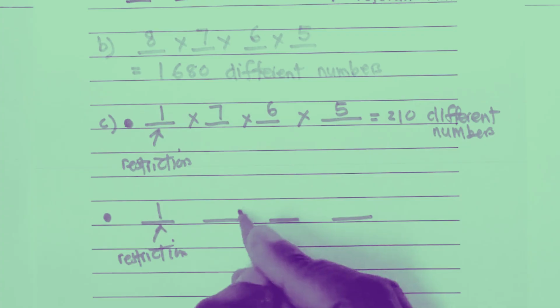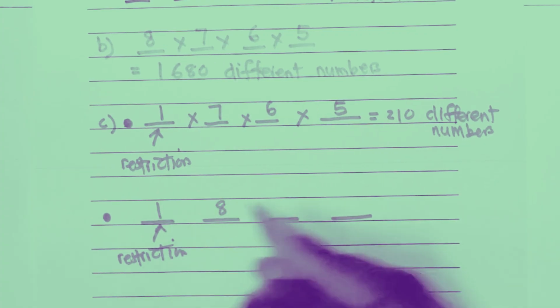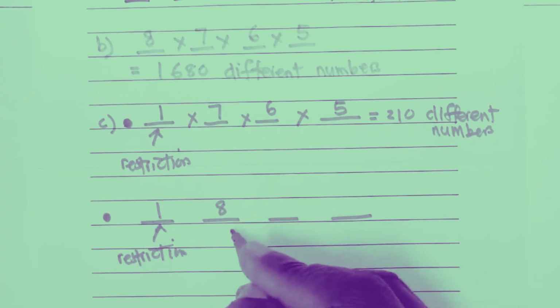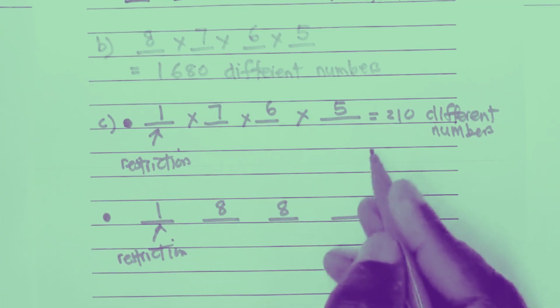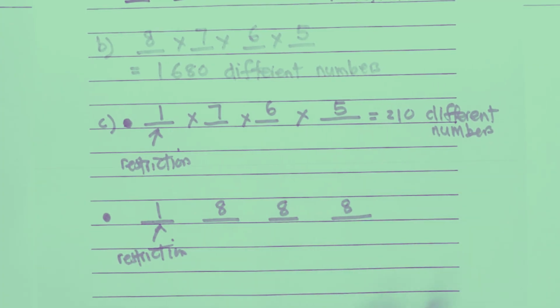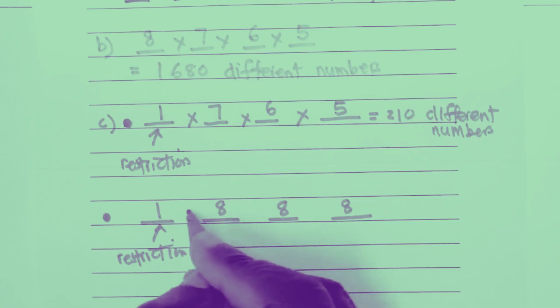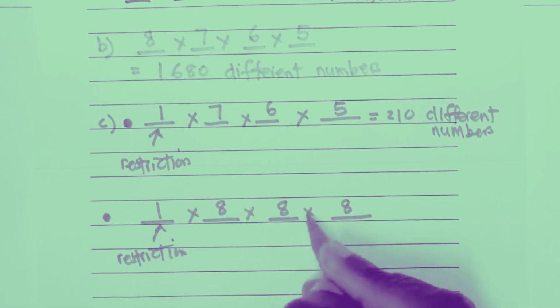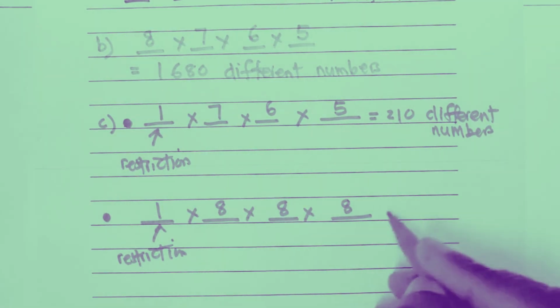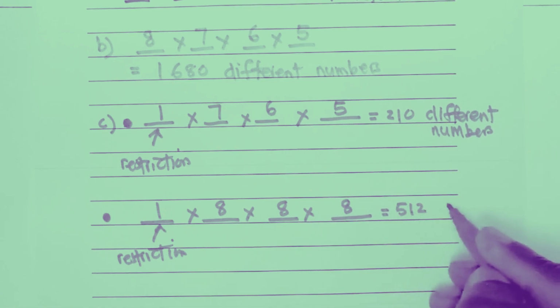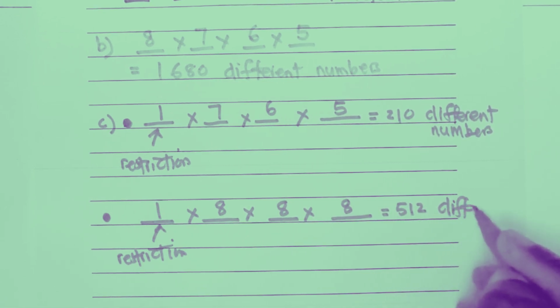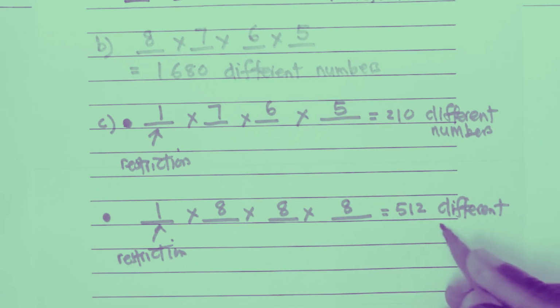And if repetition is allowed, I'm going to get 8 in the second position. Then in the third position, I'm also going to get 8. And in the last position, I'm also going to get 8. And then I multiply. And if I multiply, I'm going to get 512 different numbers.